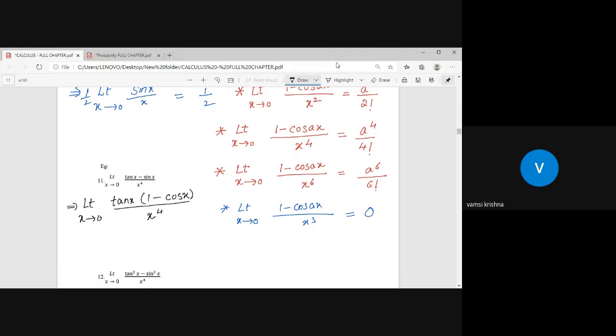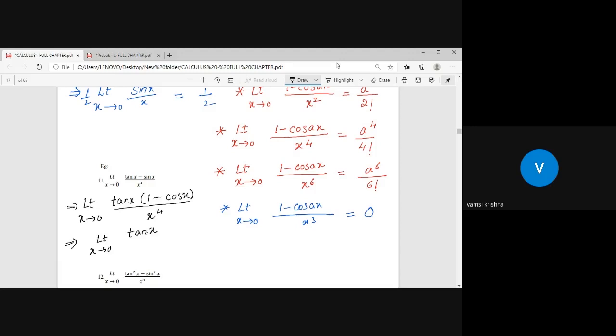Now I want to distribute like this. I am just remembering the formulas. Let us distribute the limit. Limit x tends to 0, tan x by x I want. Just for the sake of formula, I want x.